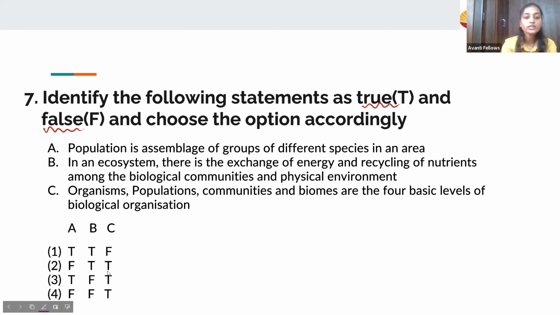It's definitely not true. It is false because that describes a biological community, not a population.